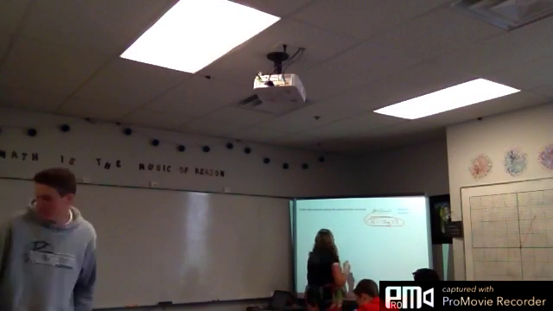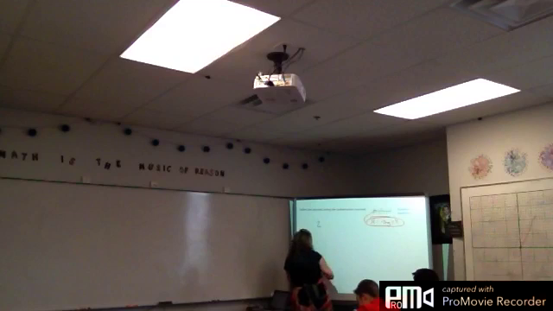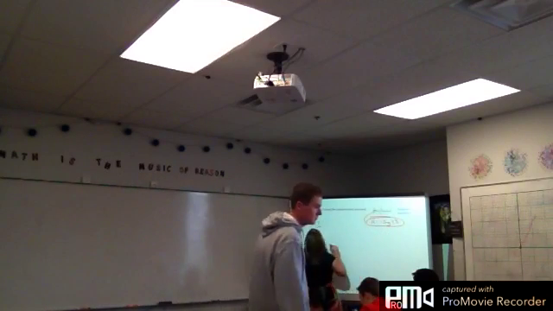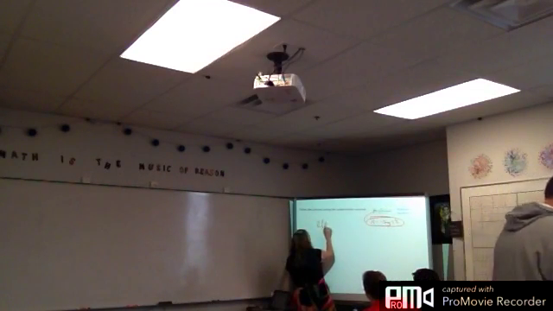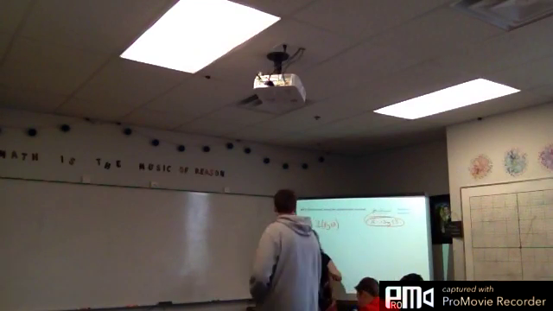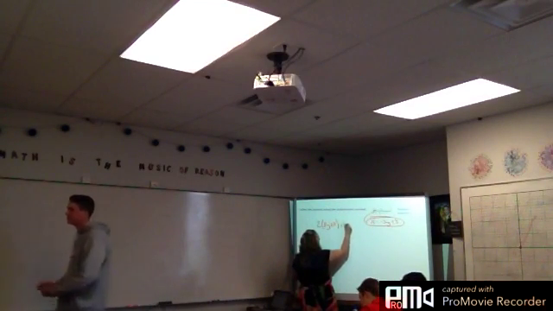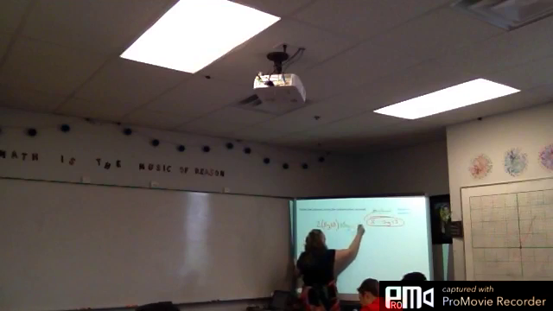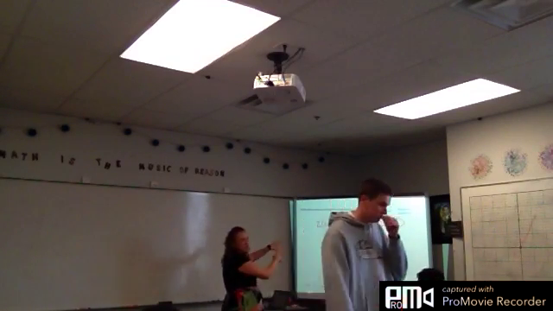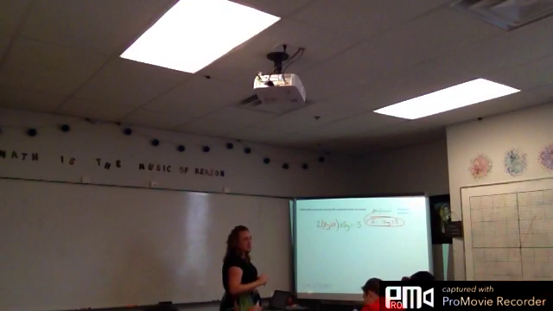So you're going to get 2 times, and instead of there being an x there, this whole expression goes there. 2 times negative 3y plus 3, plus 5y equals negative 5. Now I only have one variable in my equation. Does that make sense?